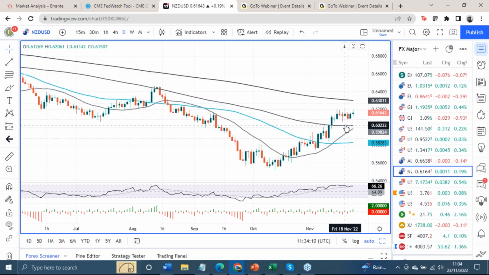But 0.6206 is a key level here, that sort of range high, if you like. So we need to break above there to challenge that 200-day moving average at 0.63 or so.